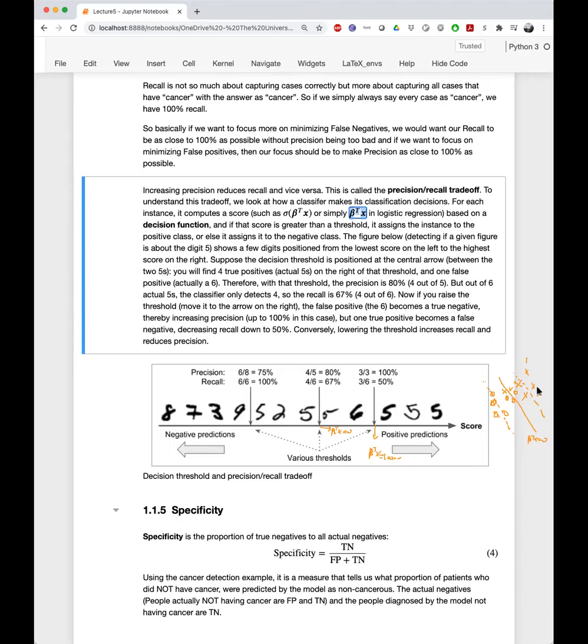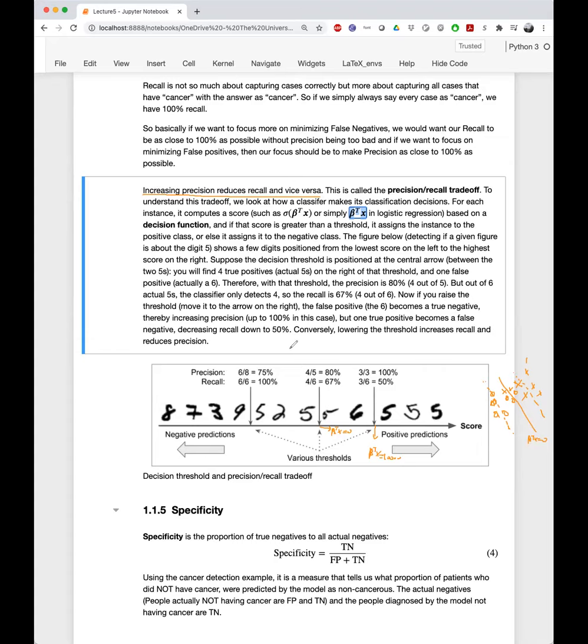All of the crosses will be predicted as positive. So we catch all of the positive cases. So recall will be 100%. So recall will increase. So this is one way to illustrate the conclusion that increasing precision reduces recall and vice versa.